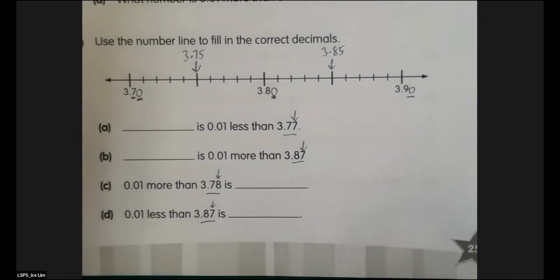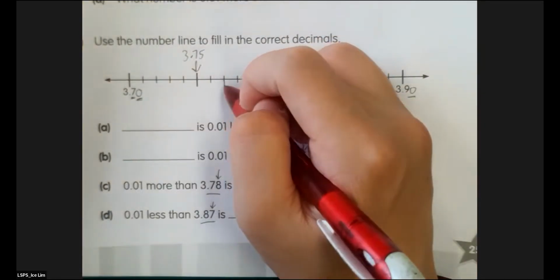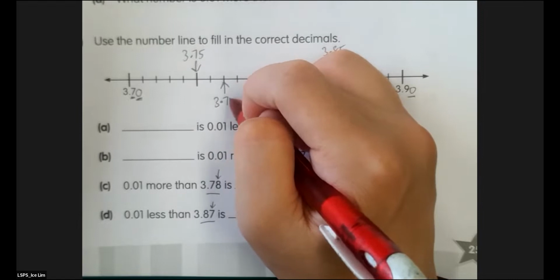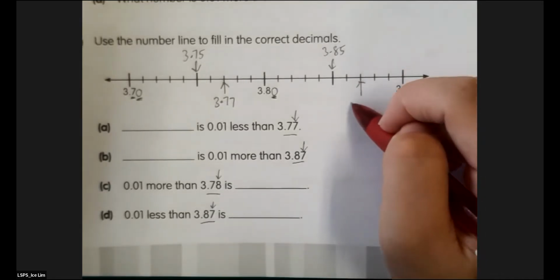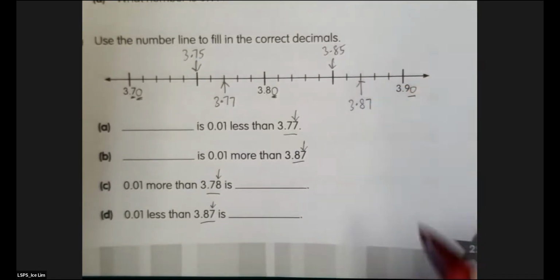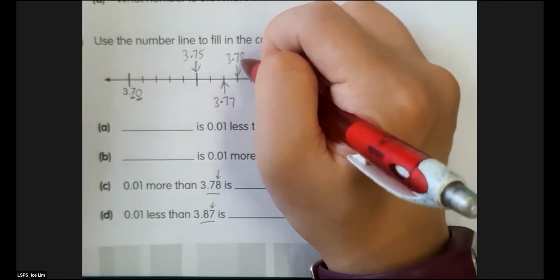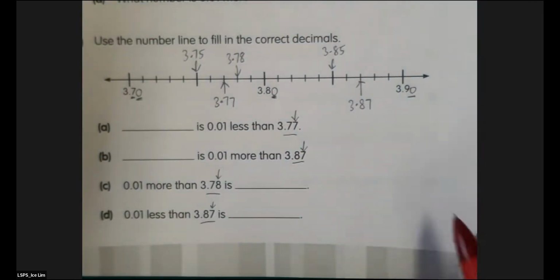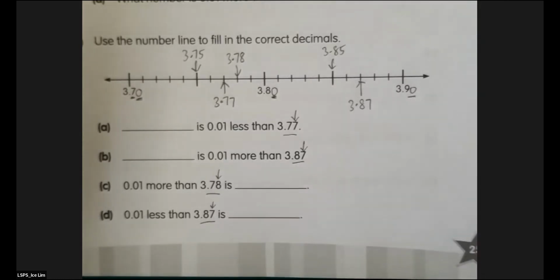So if I mark out the named decimals, I have 3.77, which is here. 3.87, that's here. 3.78, that's here. And 3.87 is here. Okay.